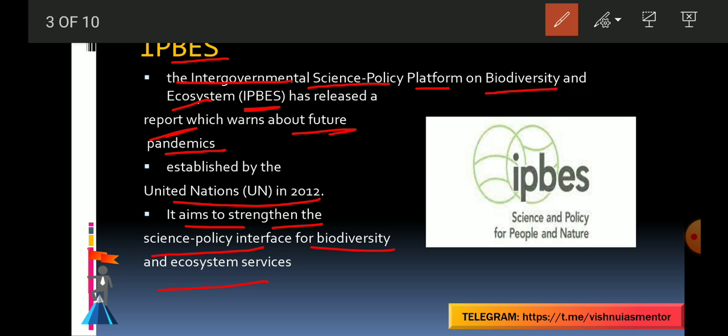This is mainly for conserving and sustainably using biodiversity, and for long-term human well-being and sustainable development.